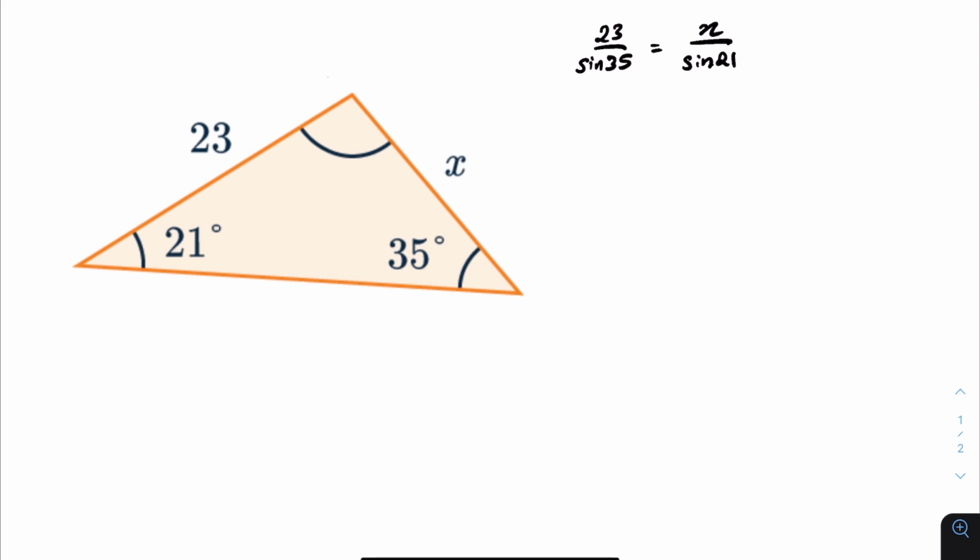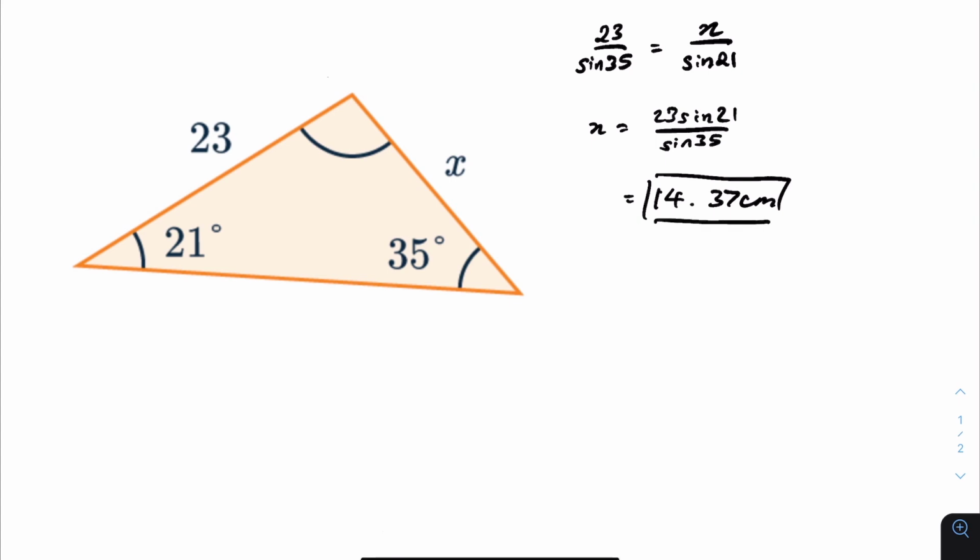If we rearrange, we get x is equal to 23 sine 21 over sine 35. Putting it in the calculator, 23 times sine 21 over sine 35 is equal to 14.37 cm, or whatever units they're using because they haven't specified.